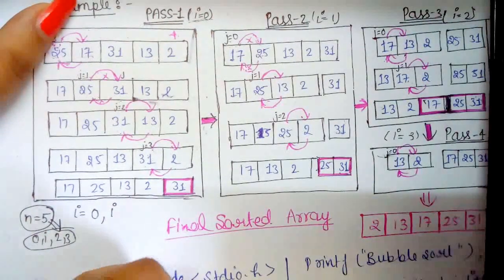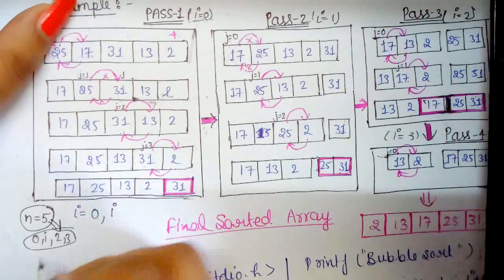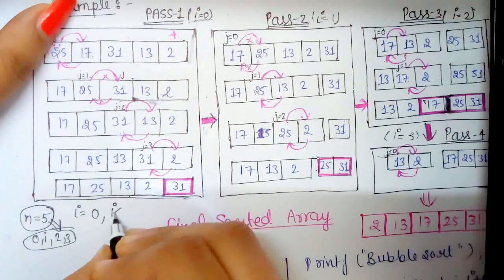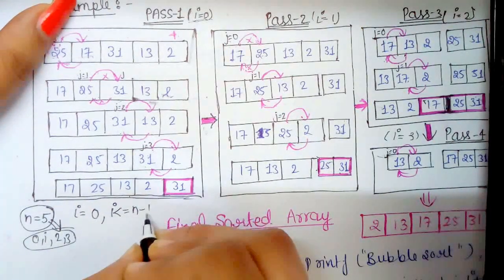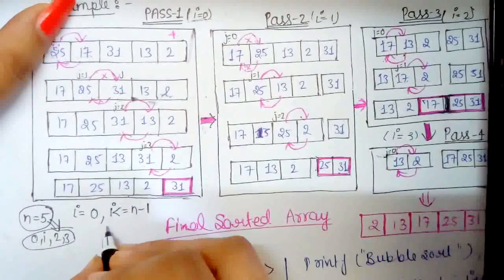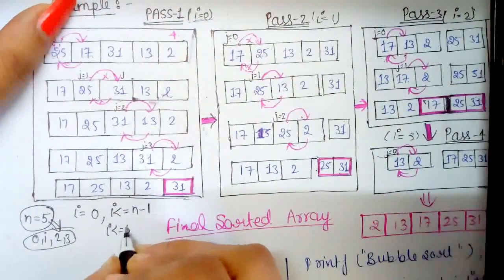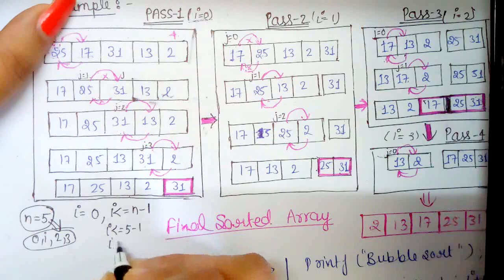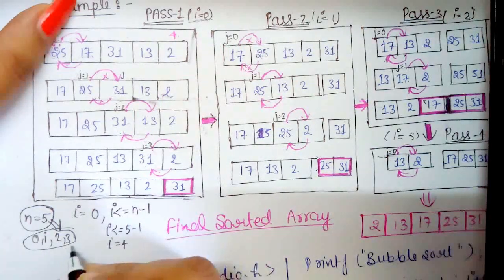So how can I write it in generalized terms? If I write I less than or equal to n minus 1, that will be I less than or equal to 5 minus 1, that is I equal to 4. But I want this value till 3 only.